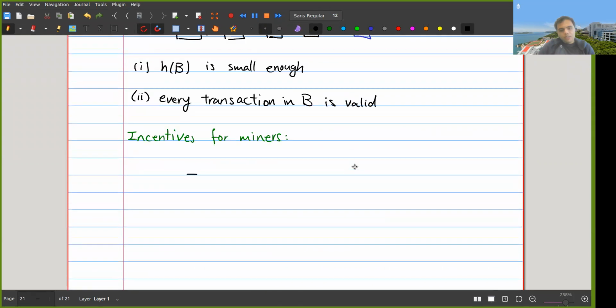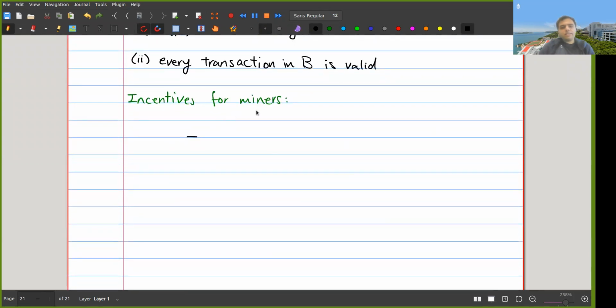And now we have a problem of how do we incentivize the miners to actually do mining? So we can mix these two things together and say that every time a miner adds a valid block to the blockchain, we just pay them some fixed amount as a reward for being able to do the mining so fast and so nice. So we will have a block reward.